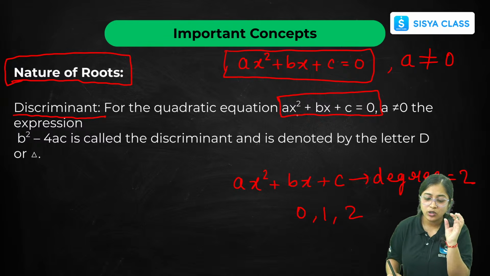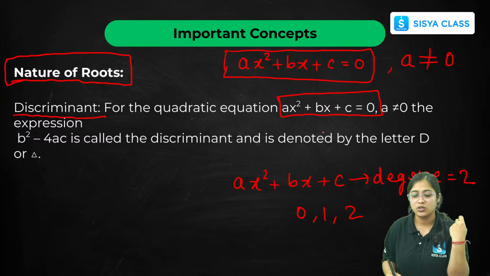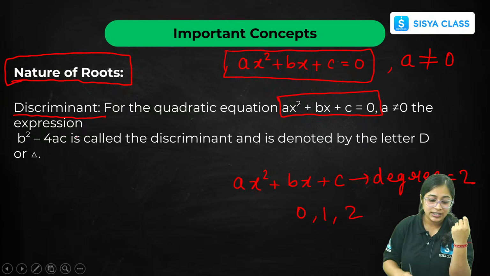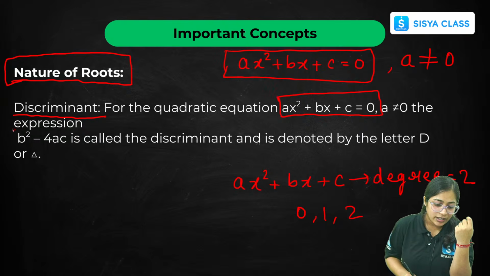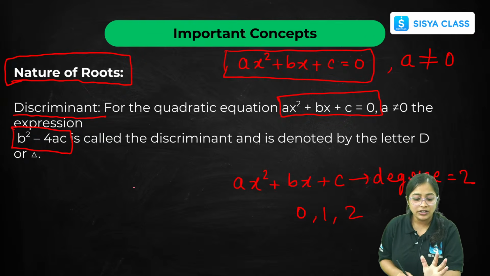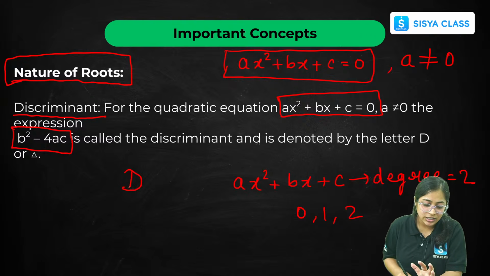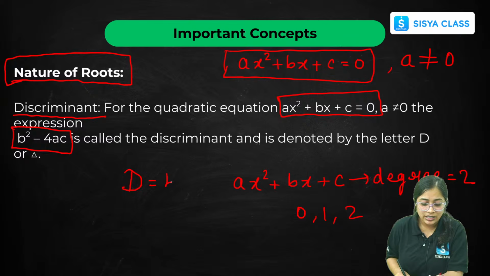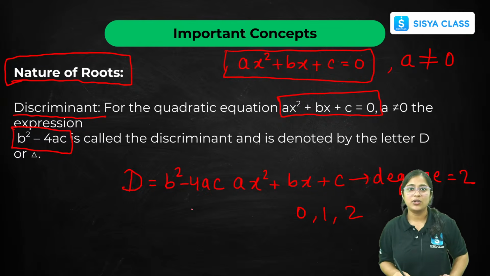Let's suppose ax square plus bx plus c equal to 0, right? So what is its discriminant? It is b square minus 4ac. And generally we denote the discriminant as D. This is the discriminant, okay?